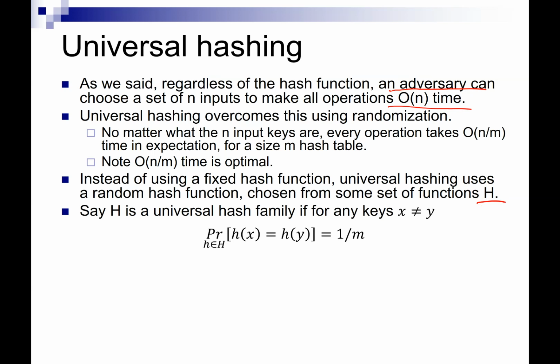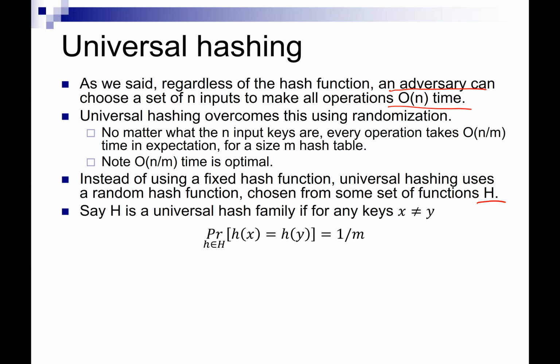Right, and then we want this collection of hash functions, which is called a universal hash family. This H is going to be called a universal hash family if it has the following properties. If we take any two different keys, X and Y, and we pick a random hash function out of this family capital H and apply it to X and Y, then the probability that they collide is going to be 1 divided by m, m being your table size.